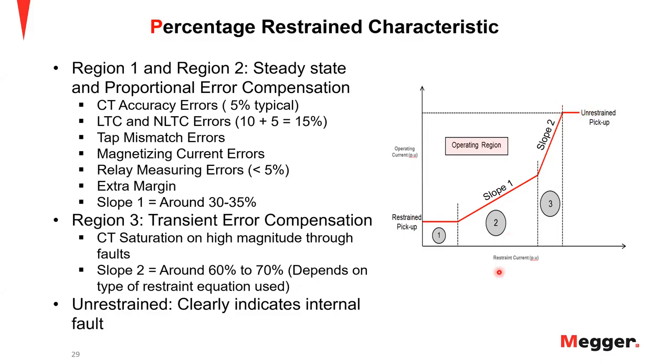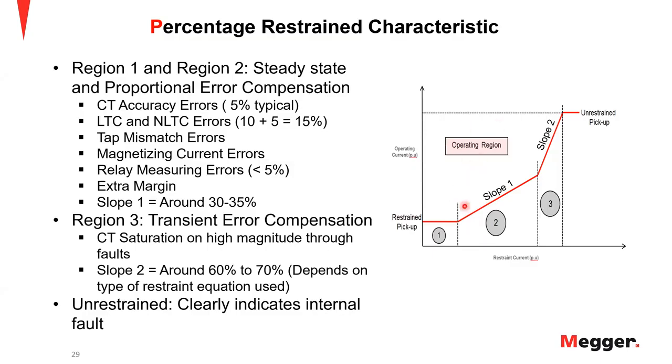So based on the currents that the relay receives, it's going to calculate the restrained current and an operating current and put that calculated plot on this characteristic here. So if my plot falls below this characteristic, it is called a restrained region. The relay will be restraining and not tripping. The moment the plot goes above my slope or this characteristic, it will be in the operate region.